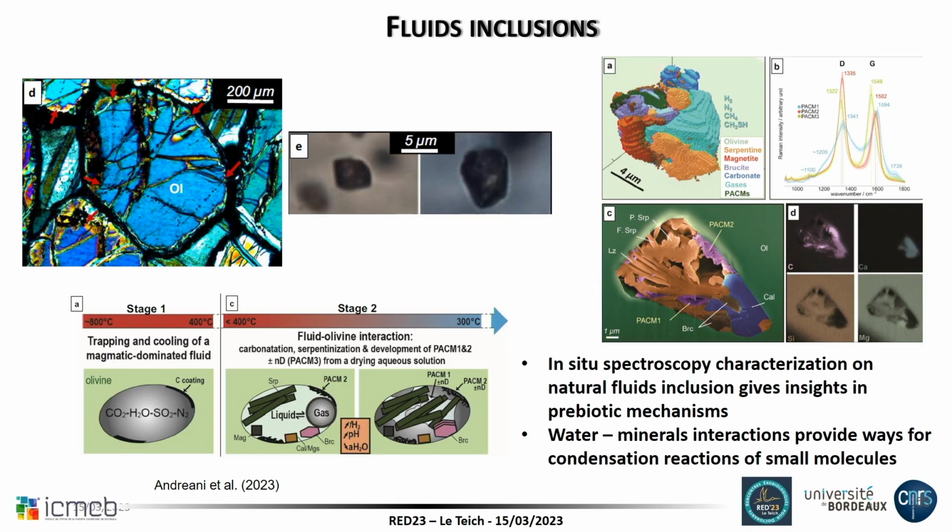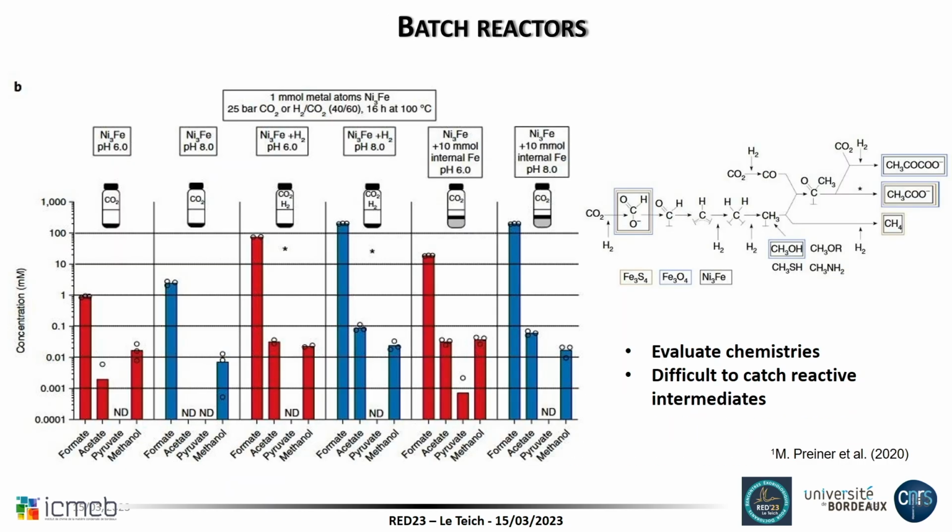A result from just a natural sample is that the water-mineral interaction would dry out the water from the sample, pushing the chemical reaction of condensation to combine different small molecules. Again, we start from the end and then we make some assumptions. So it can be interesting also to start from the beginning and try to see what we have. But the two options are interesting.